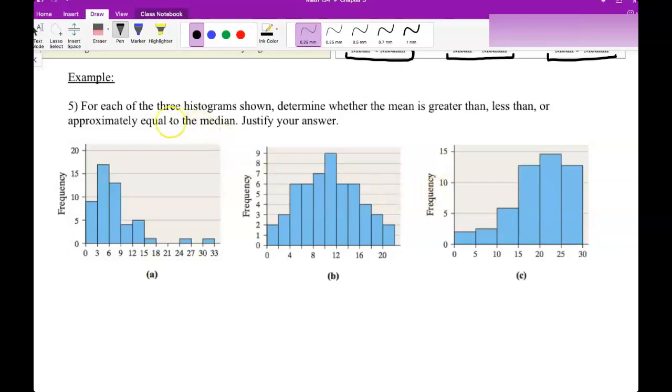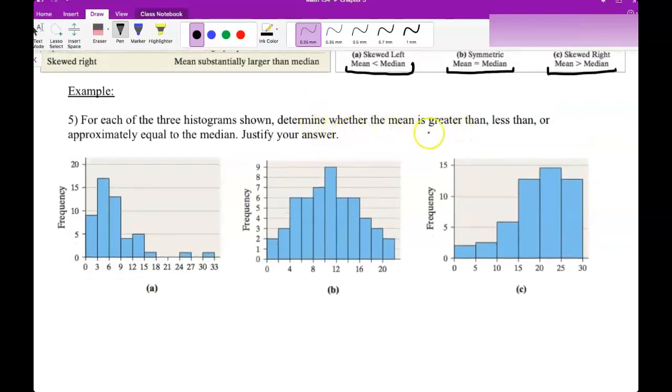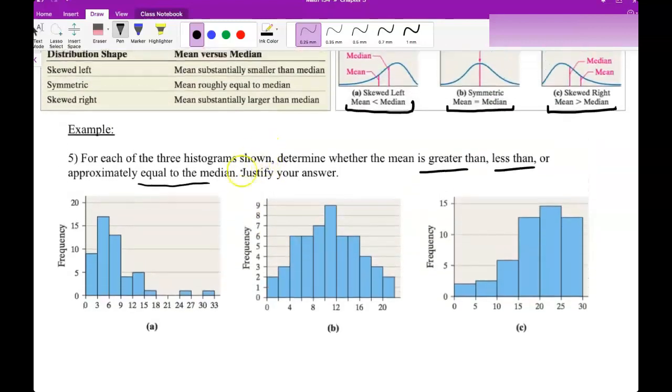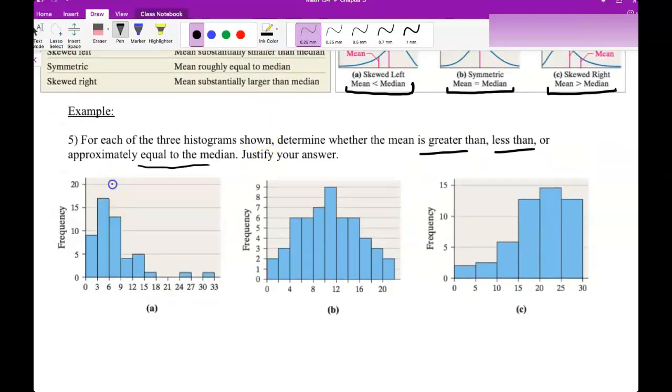Okay, example. For each of the three histograms shown, determine whether the mean is greater than, less than, or approximately equal to the median. Here is the highest frequency that we have. That is our peak, and this is the right tail.